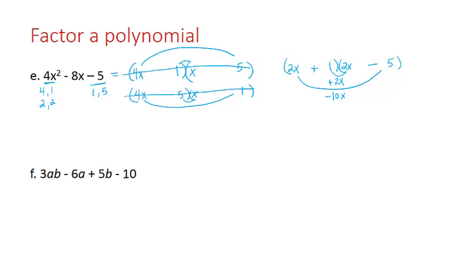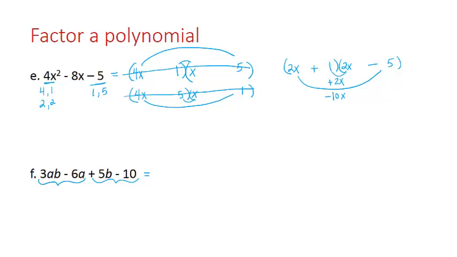Now let me look at 3ab minus 6a plus 5b minus 10. This is a polynomial that has 4 terms, and so I have to apply grouping. Grouping means that I have to pair together the first two and the last two and see if I can somehow get a common binomial from factoring.